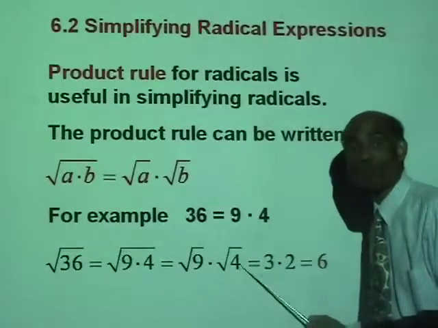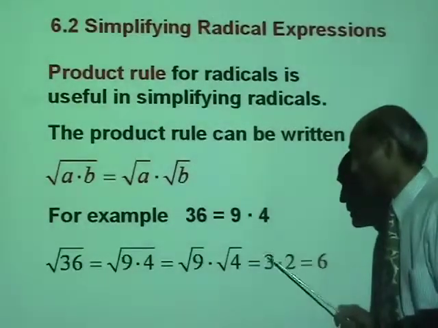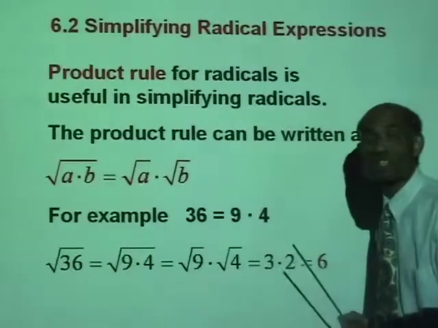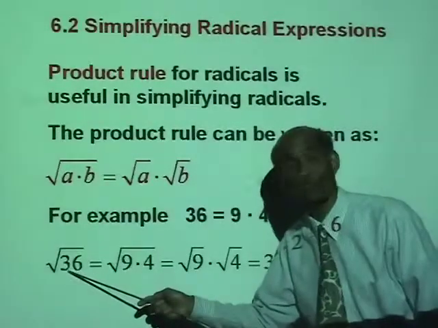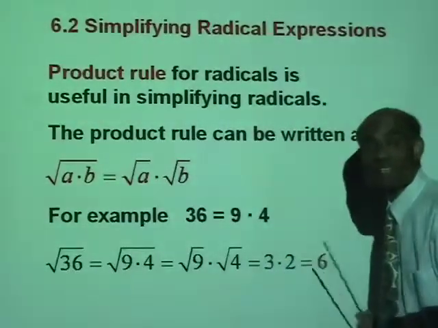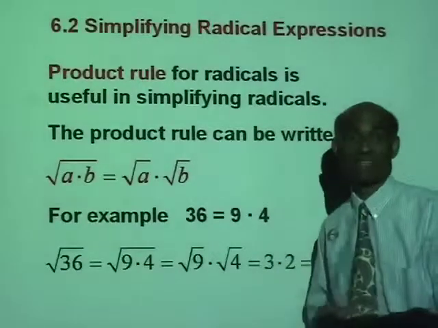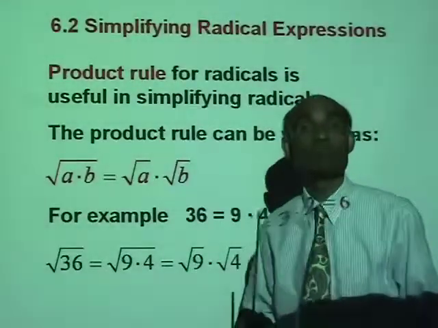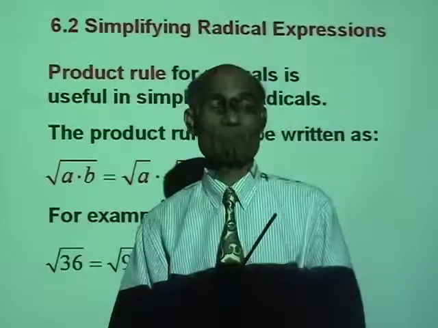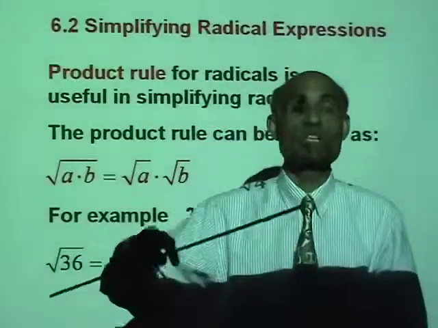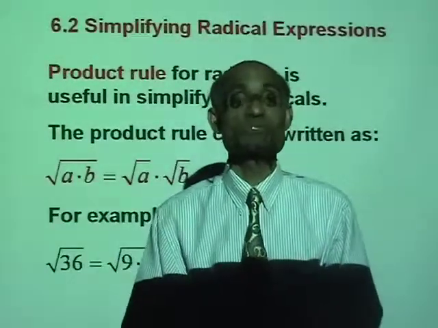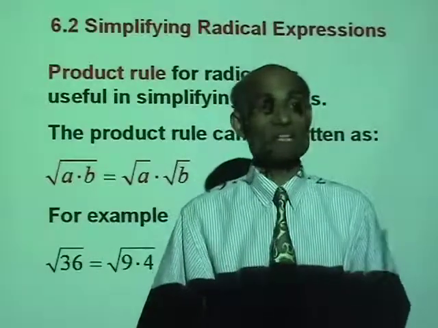What is square root 4? It is 2. 3 times 2 is 6. And isn't square root 36 equal to 6? Yes. So the product rule is a very useful tool, and we will be using it continuously to simplify radical expressions.